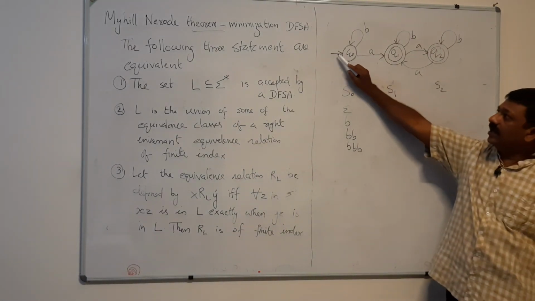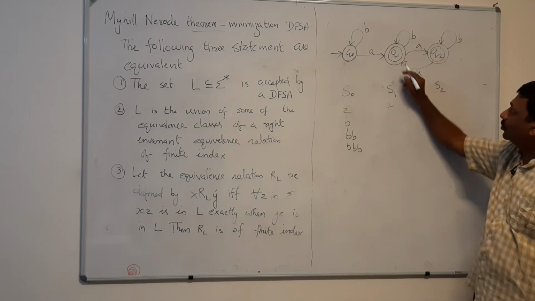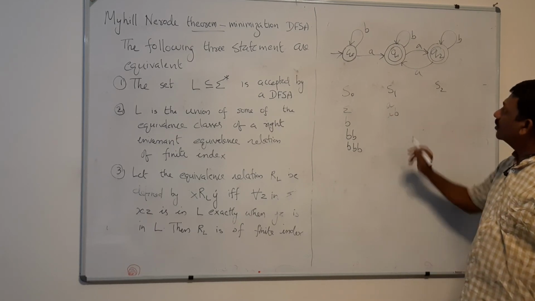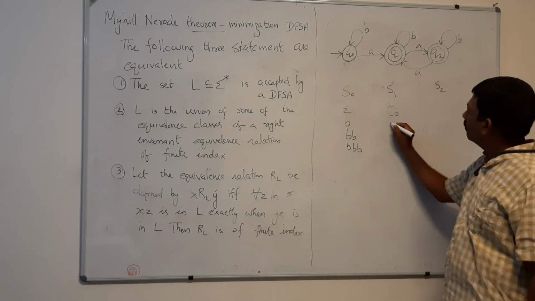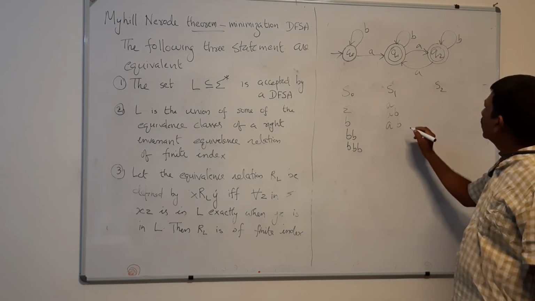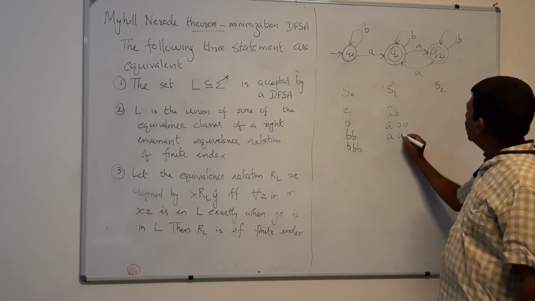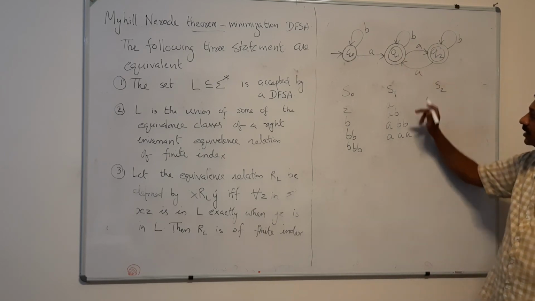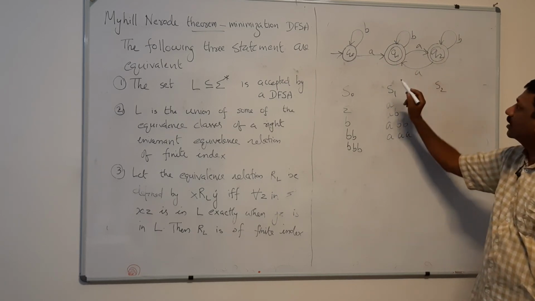But what are the strings for the others? We are starting here, and upon reading a single A, it reaches Q1. Then on AB it stays in the same state, or you can have ABB, or A, which comes back to Q1.